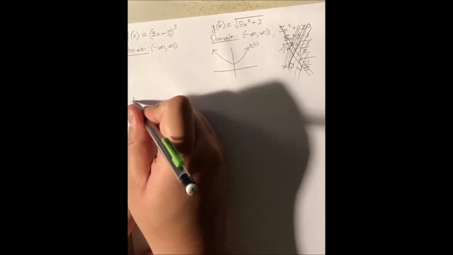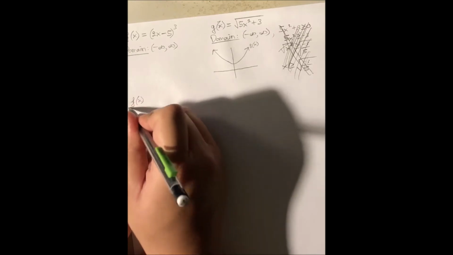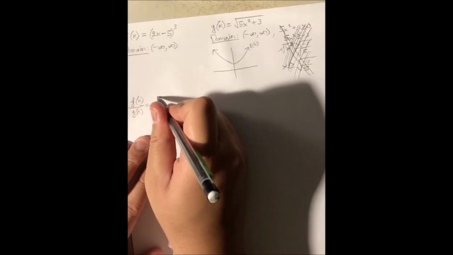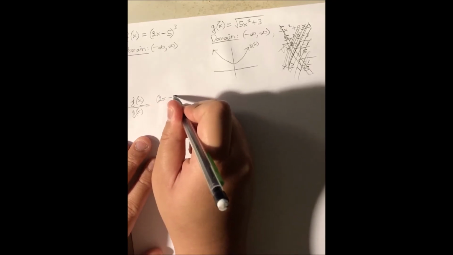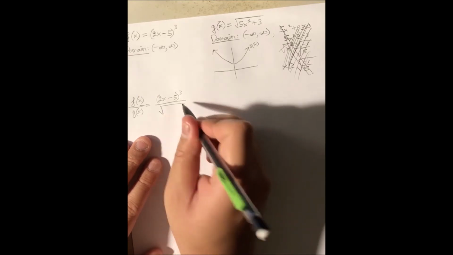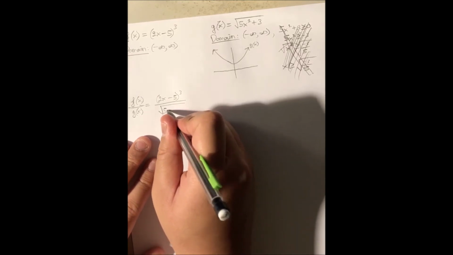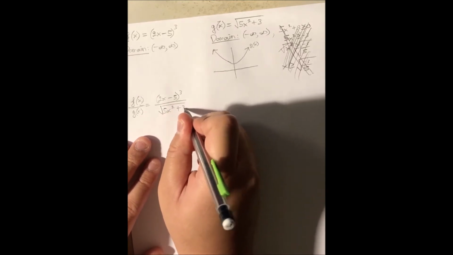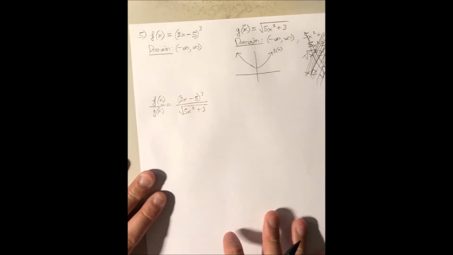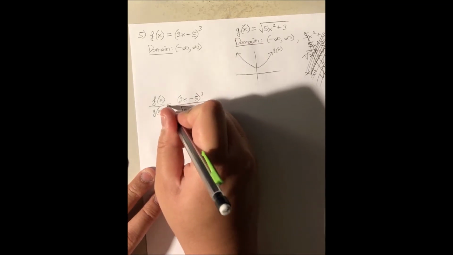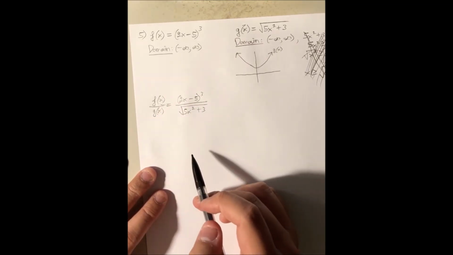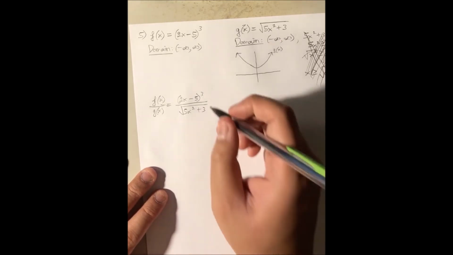Now let's go ahead and find f of x over g of x. Well, f of x is (2x minus 5) cubed, and g of x is the square root of 5x squared plus 3. At this step, we have a rational expression, so what we tend to do is take the denominator, set it not equal to 0, and then solve for x.